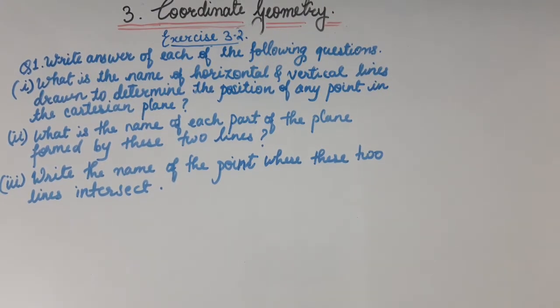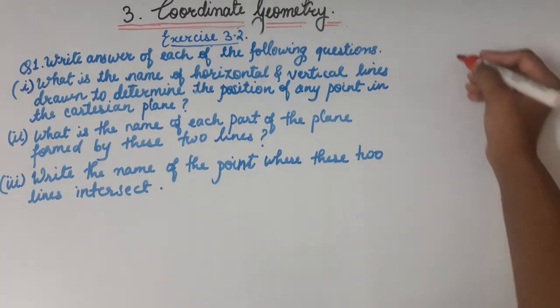So let us begin with the next exercise 3.2, and the first question is, write answer of each of the following questions. The first question is, what is the name of horizontal and vertical lines drawn to determine position of any point in the Cartesian plane?